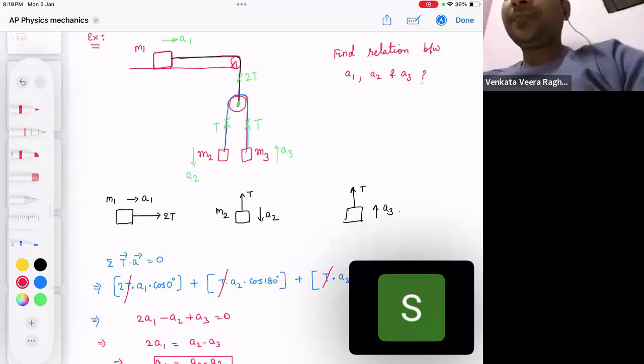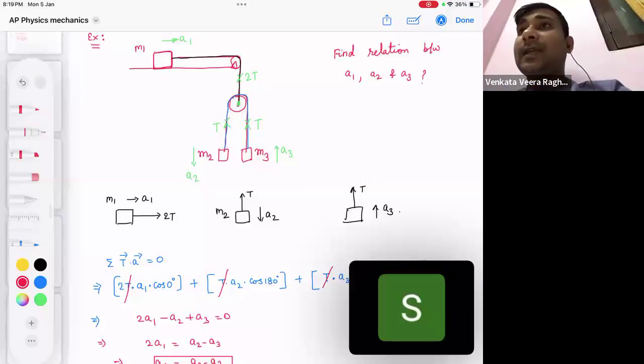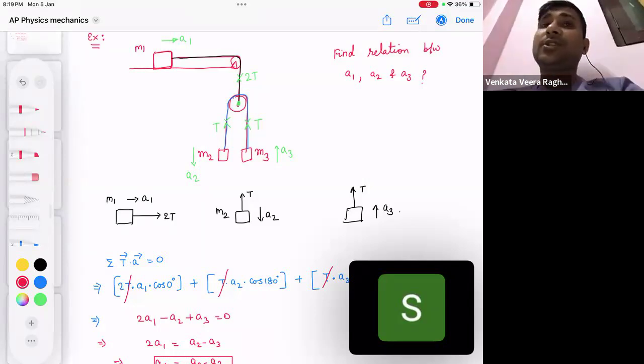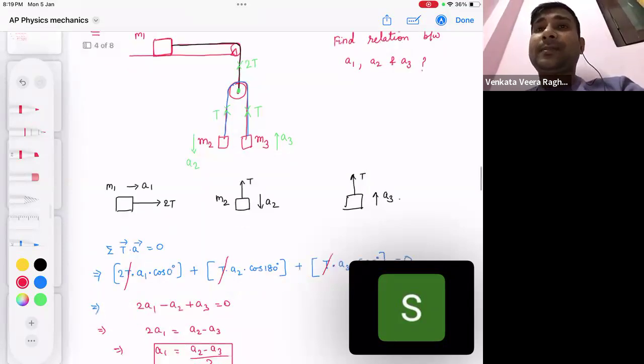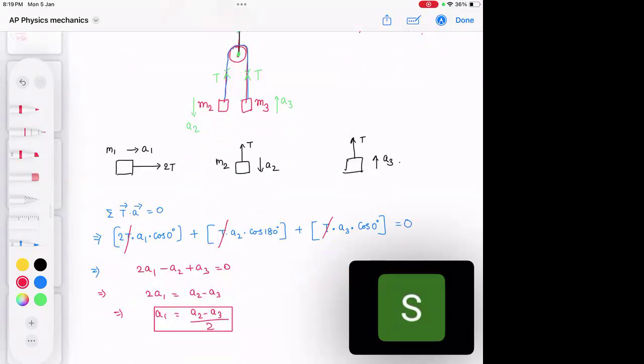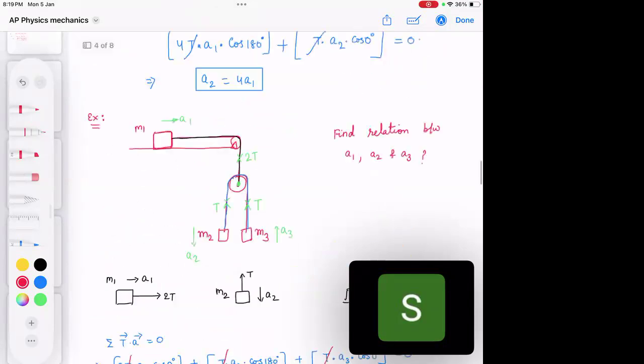In those cases, we should write their accelerations as different, and then with the help of the pulley constraint, we should relate those accelerations. Clear this one? Please tell me. Yes, sir. So this is called the pulley constraint.